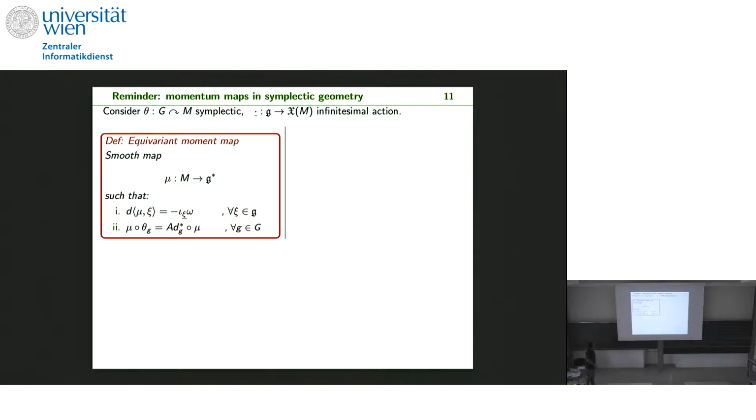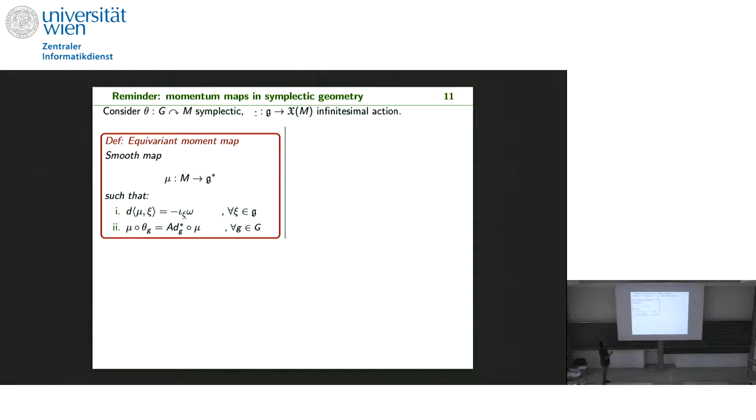It is instrumental when dealing with reduction to introduce the notion of moment map. So what is an equivariant moment map? It is a smooth map from the smooth manifold M to the dual of the Lie algebra, such that, as the second condition says, it is equivariant, so that's why it's called equivariant.